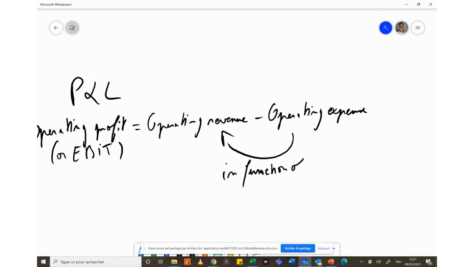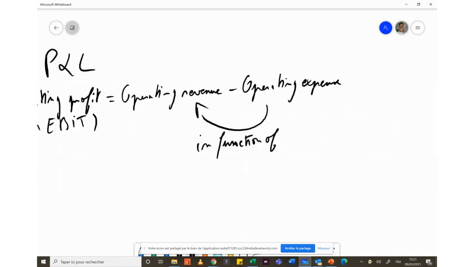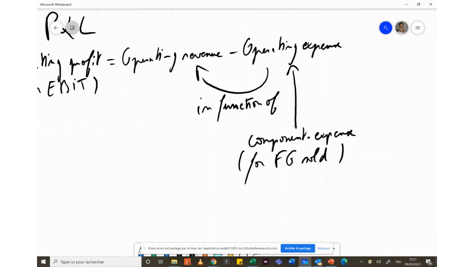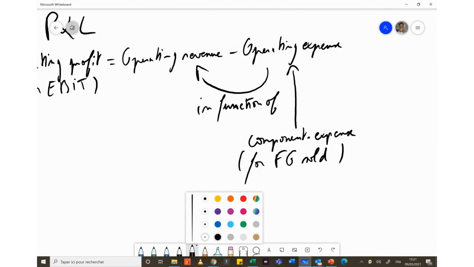So it means for the components, what we have here as components expense is for the finished goods sold. So it's in function of the sales volume.